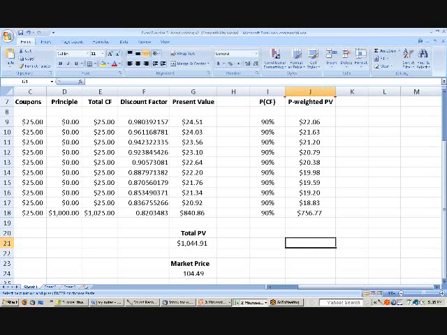So I'm just going to copy and paste. And all this is doing is summing all the present values. But it's lower now because each cash flow is only 90% certain of occurring. And then the market price is going to be the same formula as well.